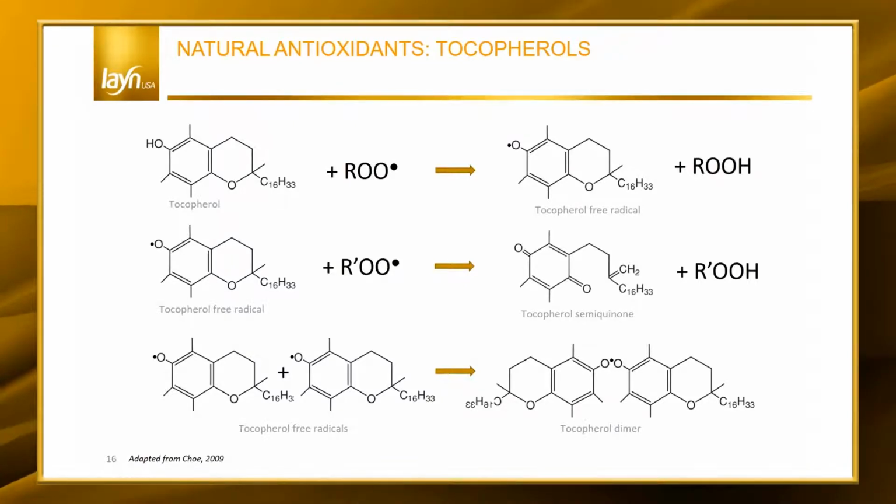That is, one is no longer active, but has recovered a second molecule of fatty acid. Also, two tocopherol free radicals can create a dimer, therefore neutralizing themselves and avoiding reaction with other fatty acids in the fats and oils.